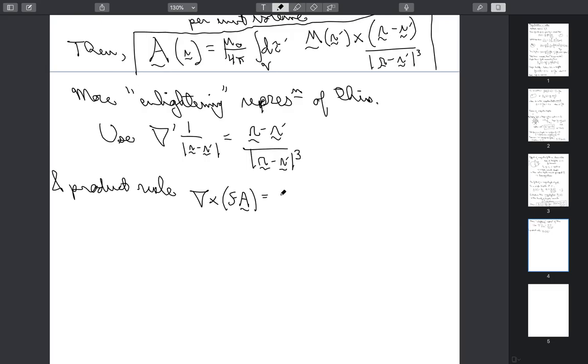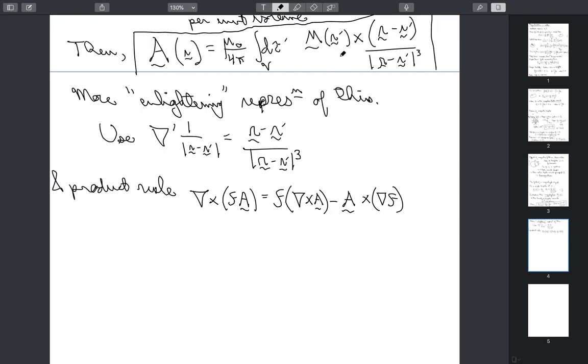You can quite easily rederive it for yourself if you don't trust me. So this is f times the curl of a, minus a crossed into the gradient of f. Okay. So we're going to use that here.